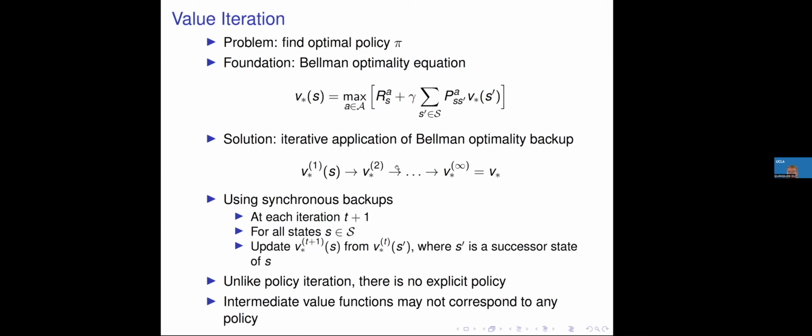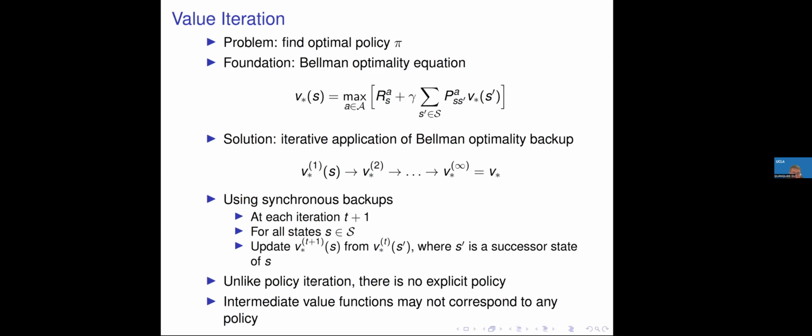After many iterations, we hope V star T will converge to V star. This is indeed true, because we can show that under certain regularity conditions, the fixed point iteration induced by the Bellman optimality equation converges to the optimal value function.